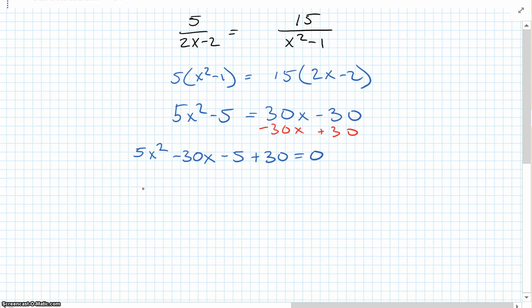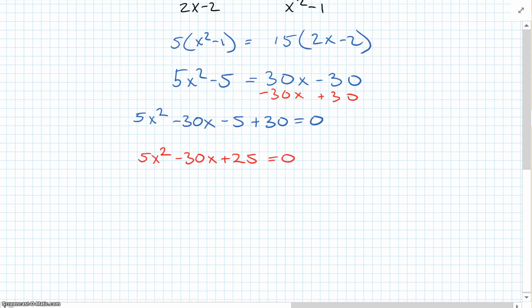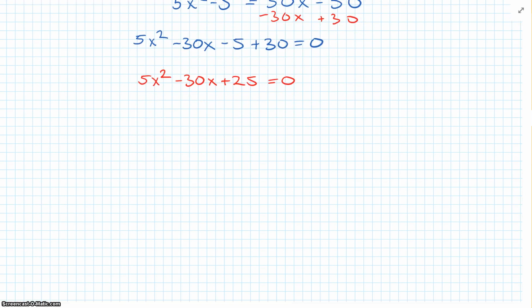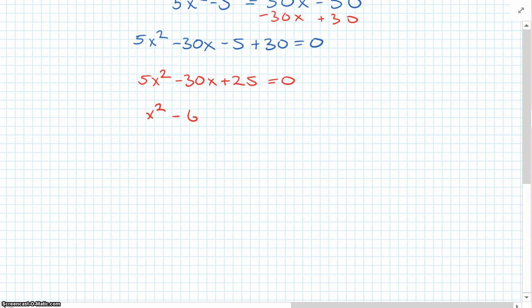Now sum like terms. So I got 5x squared minus 30x plus 25 equals 0. I can factor out a 5 now, right? GCF of 5. So I can write this as x squared minus 6x plus 5 equals 0. Well, let's x factor this.